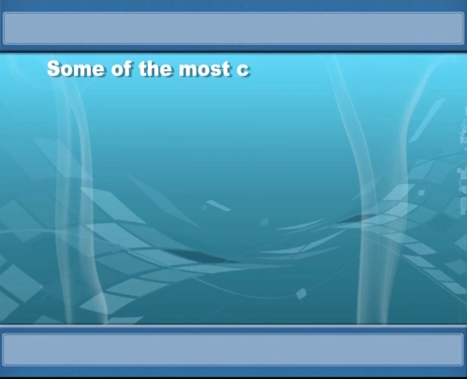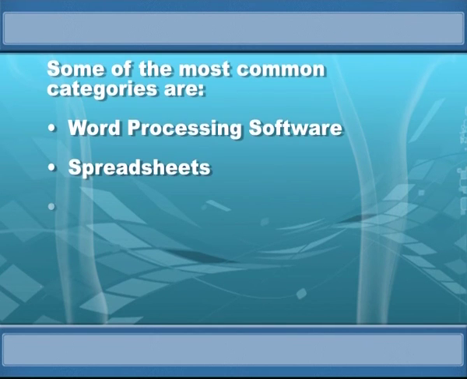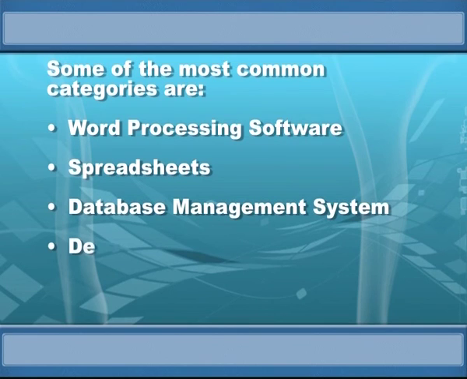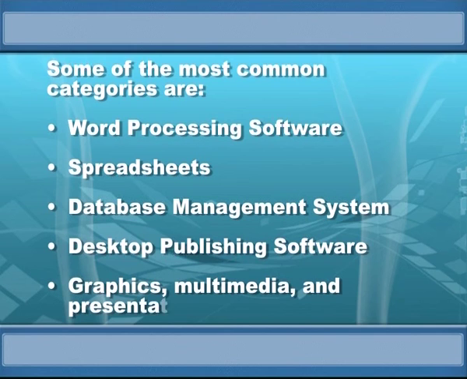Rather, some general software are designed that may be used by individual users in the manner it suits their needs and requirements. Such general application software are known as packages. Some of the most common categories are word processing software, spreadsheets, database management system, desktop publishing software, graphics, multimedia, and presentation applications.